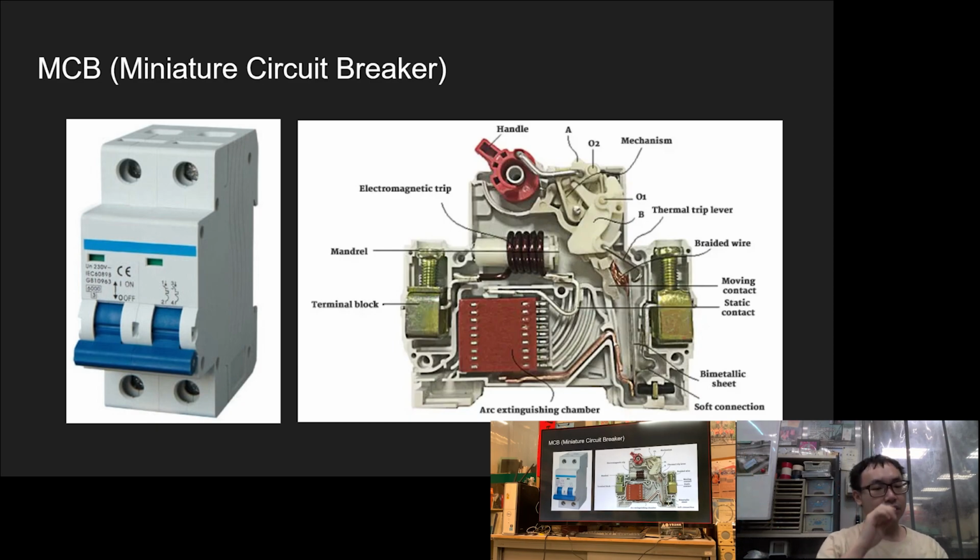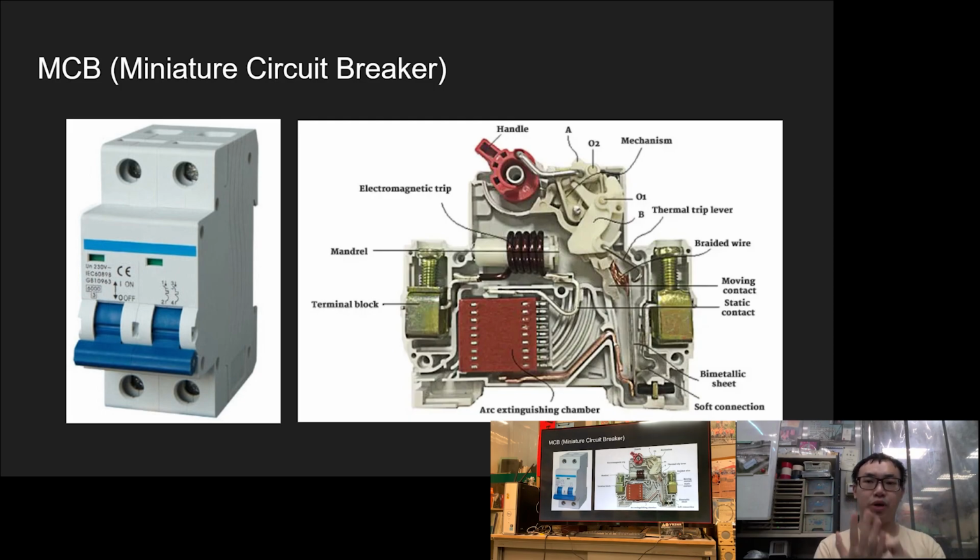There are different ratings for MCBs, like 13A in daily usage. If a current more than 13A runs through the circuit breaker, the magnets here will generate a very large magnetic force to attract the metal piece here to combine with it.